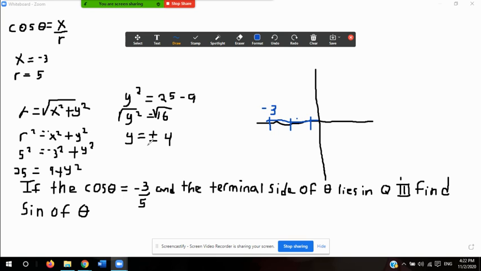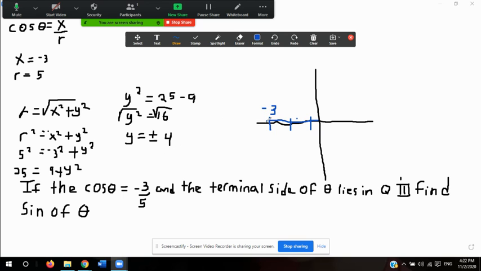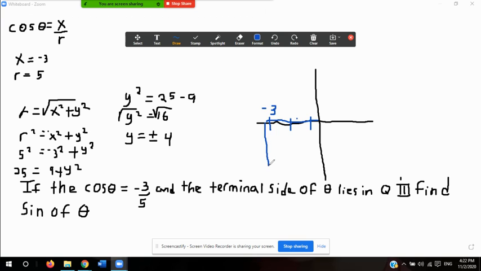And we know that our y is actually negative. It's plus or minus, because remember that when we're working with perfect roots, it's plus or minus. But because the terminal side lies in quadrant 3, that means that this 4 is going to be negative, and we're going to move 4 spaces down. It's like 1, 2, 3, and 4.